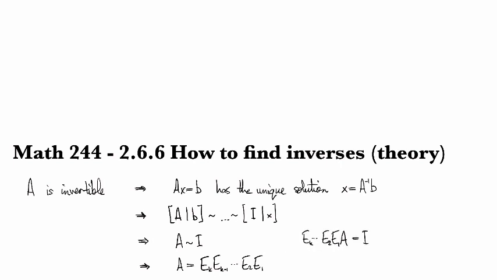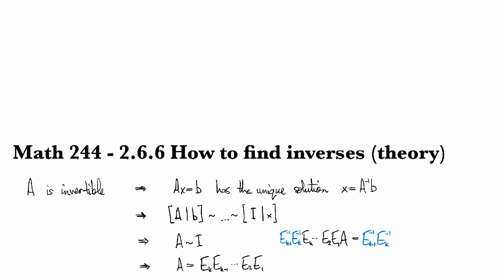So I can multiply both sides on the left by E_k inverse, and then the left side over here will become E_k inverse. I mean times I, but who cares about the I, right? And then I can multiply on the left again by E_{k-1} inverse, and so on and so forth.